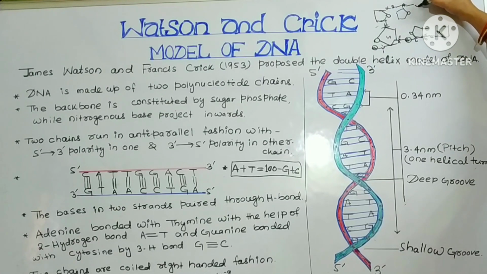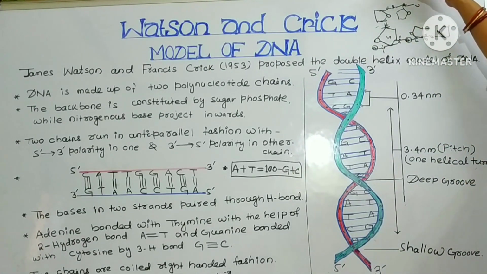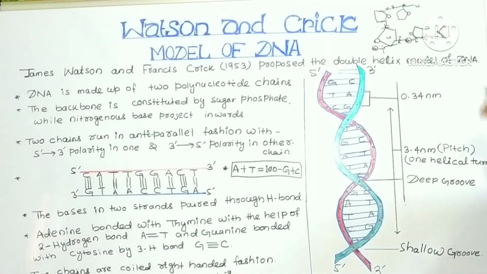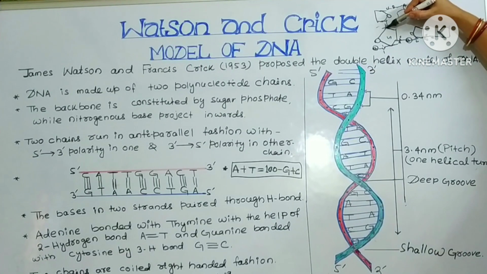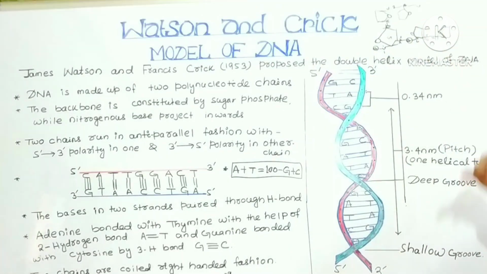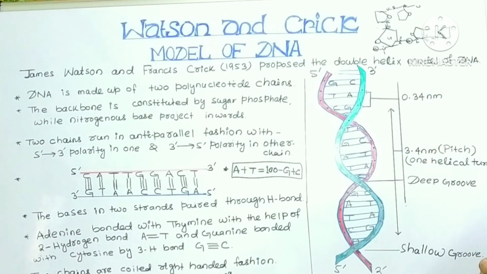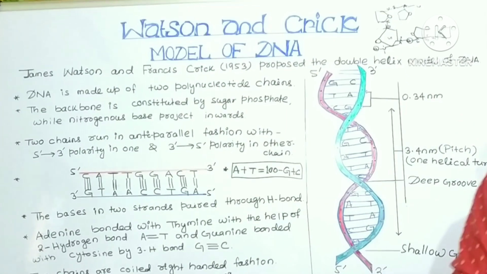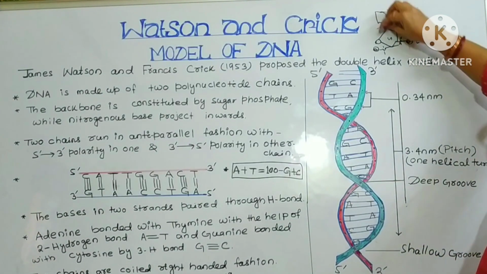The nitrogen bases project inward. If thymine is present here, it will pair with the adenine of another sugar on the other strand. We have already discussed this. You can watch the video for a better understanding.